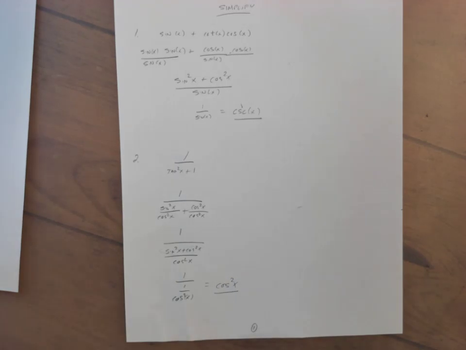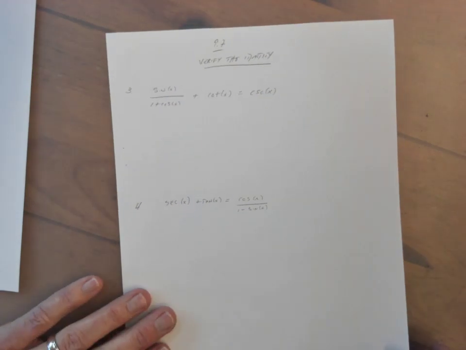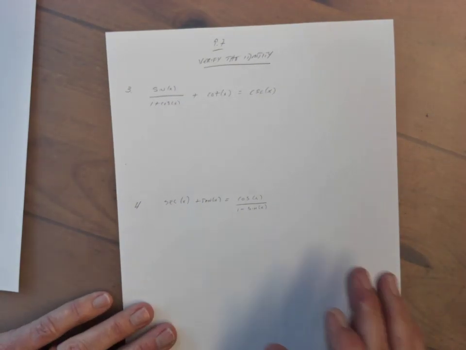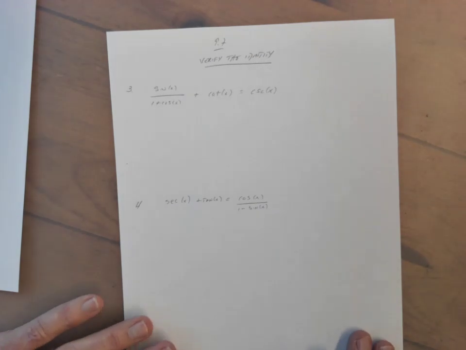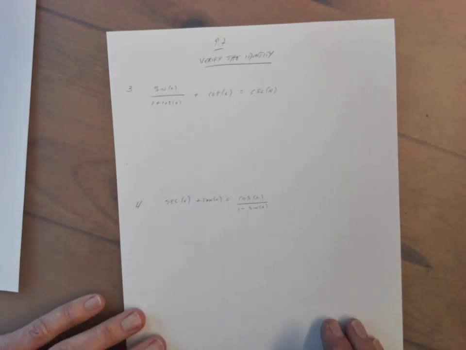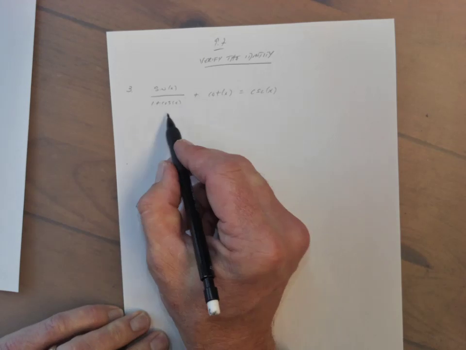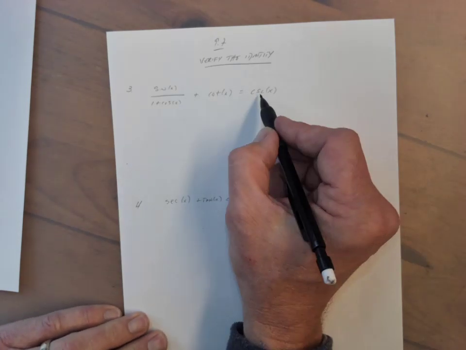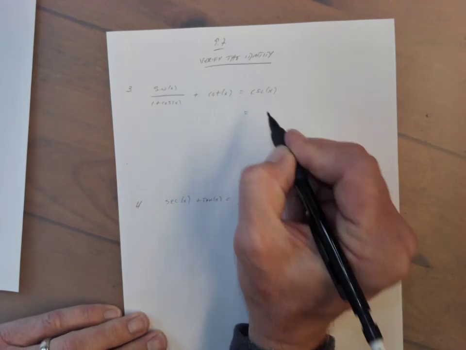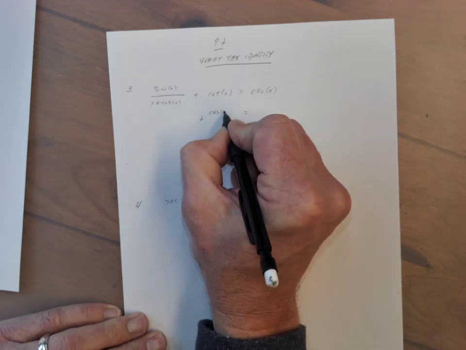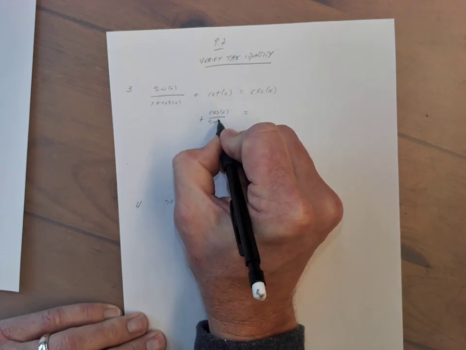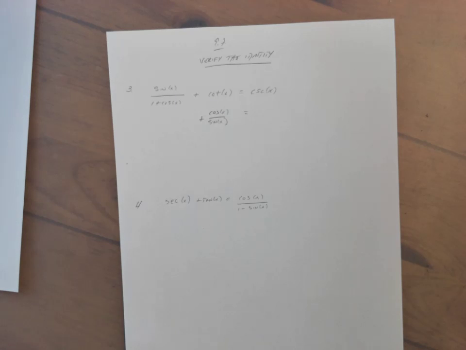All right, so let's look at a couple of identities. Again, our goal is to have the left and the right side equal each other, and we generally want to choose the more complicated side and simplify it. So in this case that would be the left side. We want it to equal cosecant. So I'm going to change cotangent again to be cosine x over sine x.